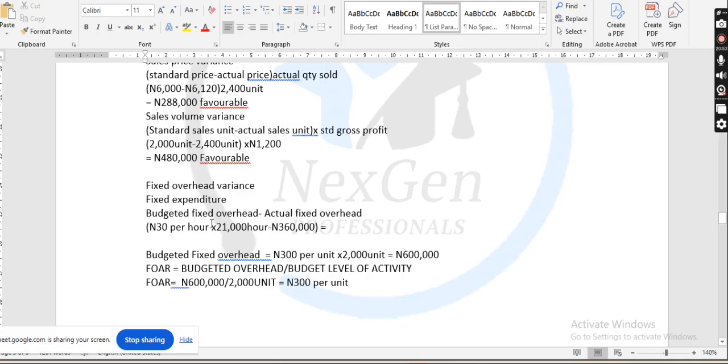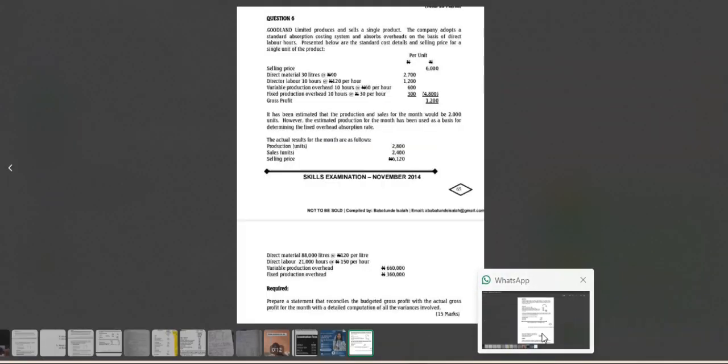Do you know why I need to do it like this? 30 naira per hour is not our fixed overhead absorption rate, class. Because the question says that you absorb your overhead on the basis of the estimated units.